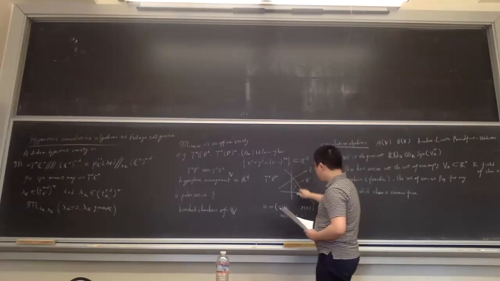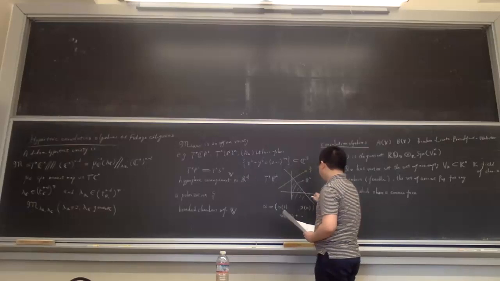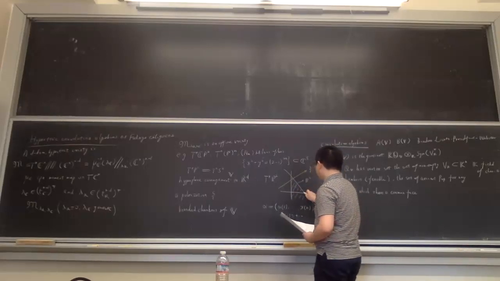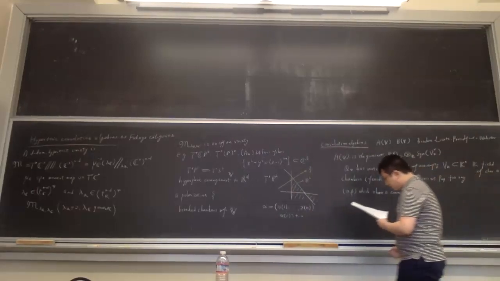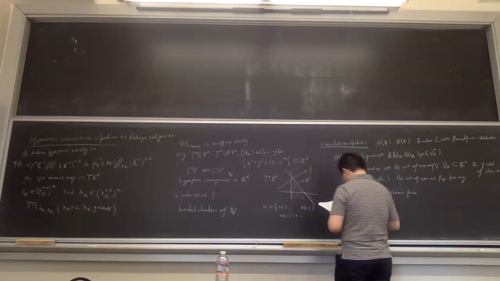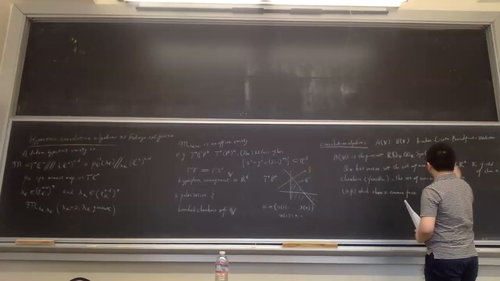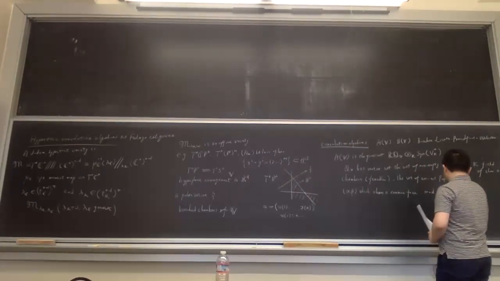For example, these 2 chambers share a common line segment, so they're nearby chambers. But these 2 are not, because their intersection is of codimension 2. So you have this quiver, you can define its path algebra, and you need to mod out by the relations.